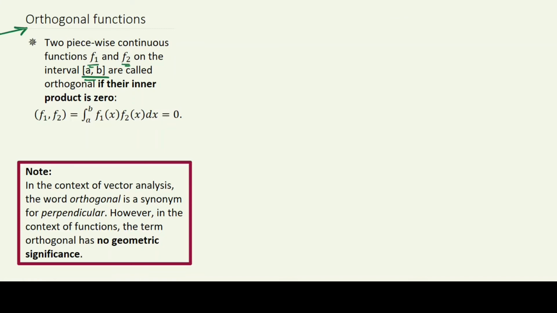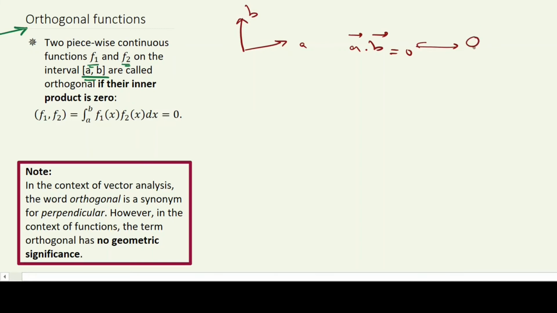If you remember from the basics of vectors, we've said that two vectors a and b are orthogonal whenever their inner product is 0. So if the inner product is 0, then we call those two vectors orthogonal.